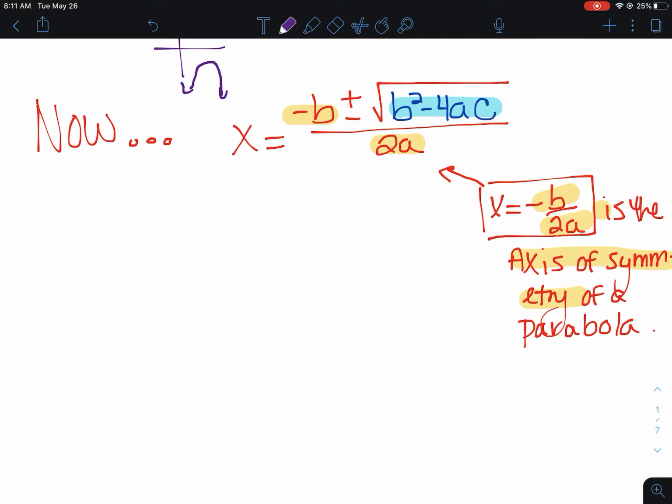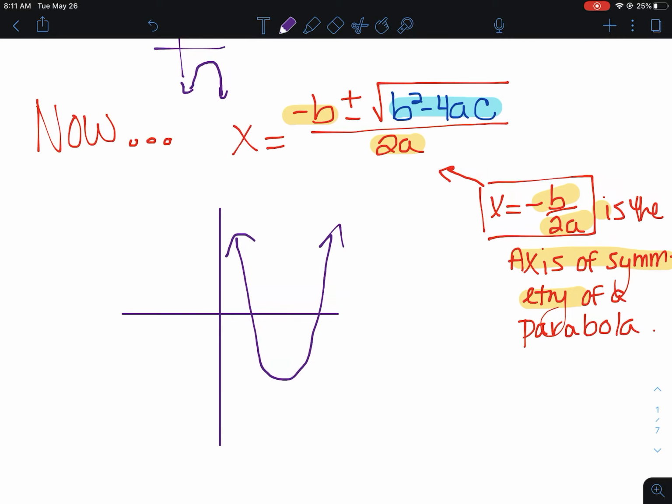So when we look at a parabola, the axis of symmetry is this line, sort of an imaginary line, that cuts right through the center of your parabola, and that's found by doing negative b over 2a.